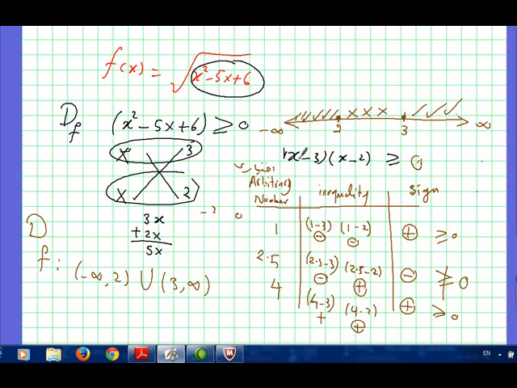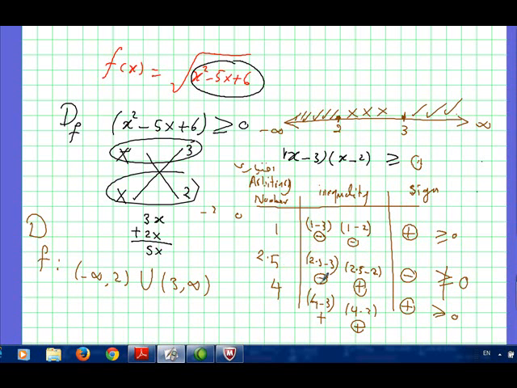Verify the inequality. 1 minus 3 will give us negative. 1 minus 2 will give us negative. Negative multiply negative will be positive. Any positive number really should be greater than or equal 0. So any number at that interval verifies our inequality. Also, we will take an arbitrary number at the next interval, for example 2.5, verifying the inequality.